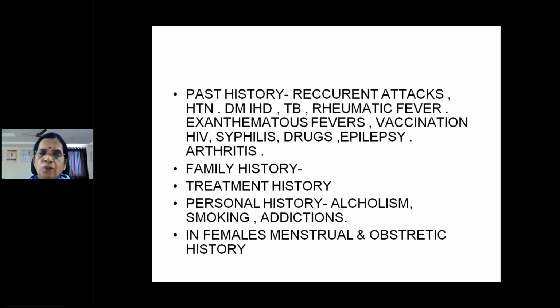And drugs, I already told you: anticoagulants or antiplatelet drugs, and OC pills in a female. So we have to ask the history of which drugs, or even cocaine. These can also involve the central nervous system and can even produce hemorrhagic stroke.